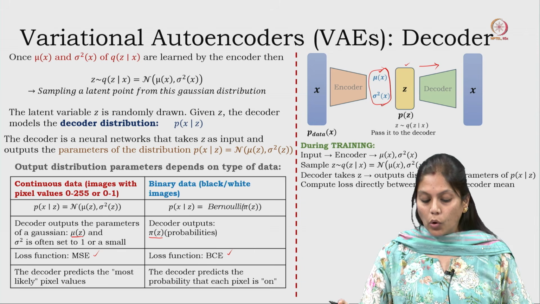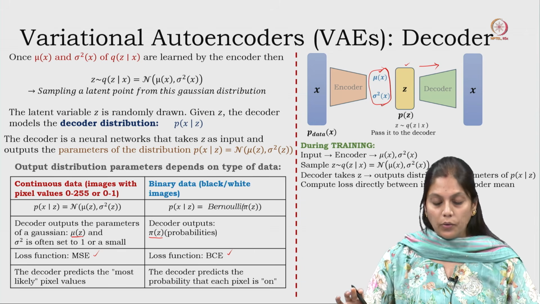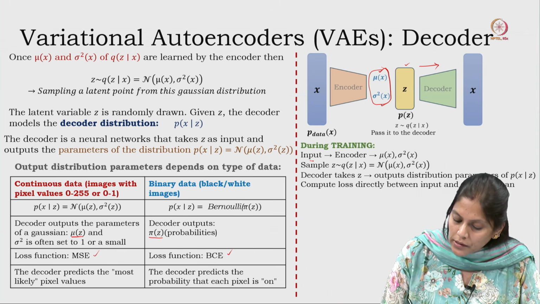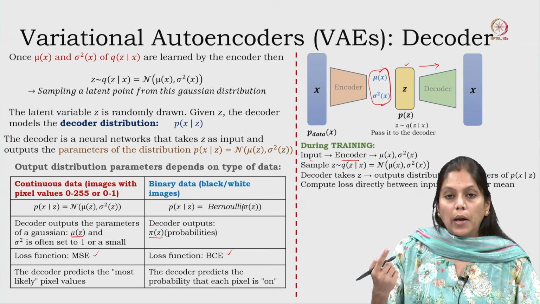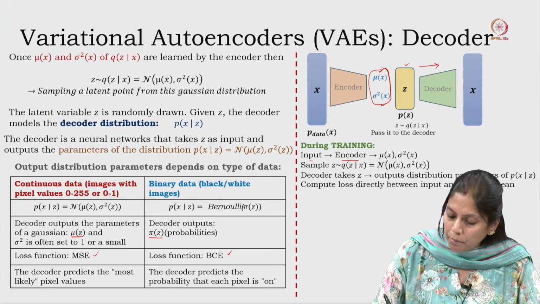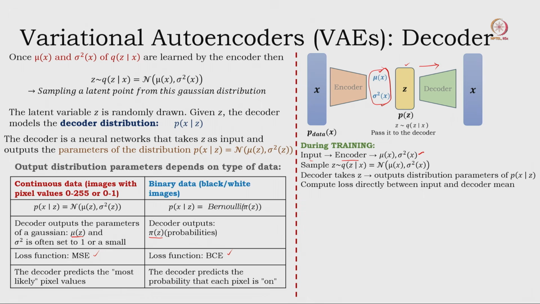So this is all what we are going to do in the training. The input is passed to an encoder, and the encoder is going to give us the mean and then the variance. Once we have the mean and the variance, Z is sampled from this distribution, that is, randomly picking a number from this distribution.